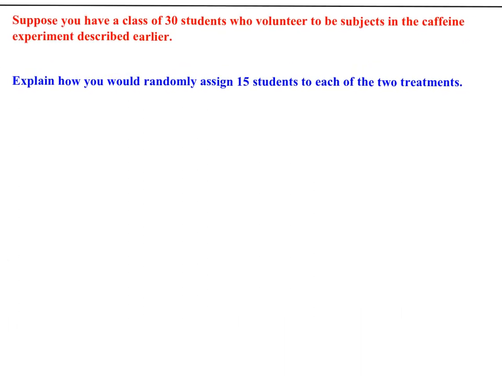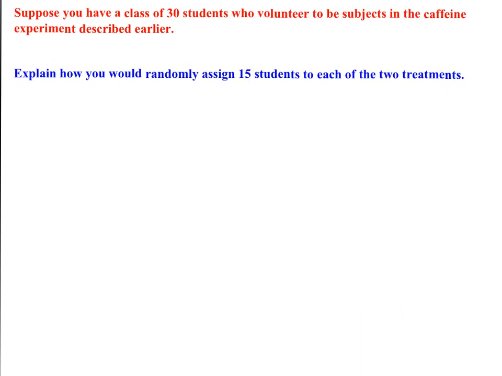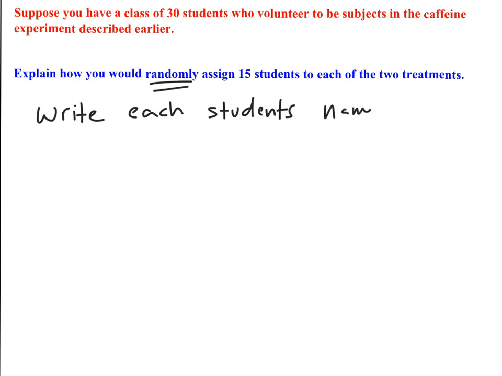Now this is basically getting into aspect number 2 of a well-designed experiment. We'll summarize these in a couple of slides. But it should be random. And we go back to hat theory. Write each of their names on separate pieces of paper.